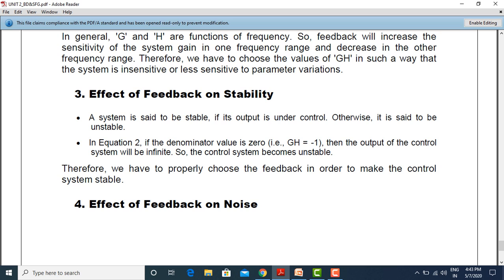If I take this to this side, 1 plus GH means feedback is negative, and the output of the control system will be infinite. In that time, the effect of feedback on noise will be added into the system, and it will affect your system sensitivity and stability also.